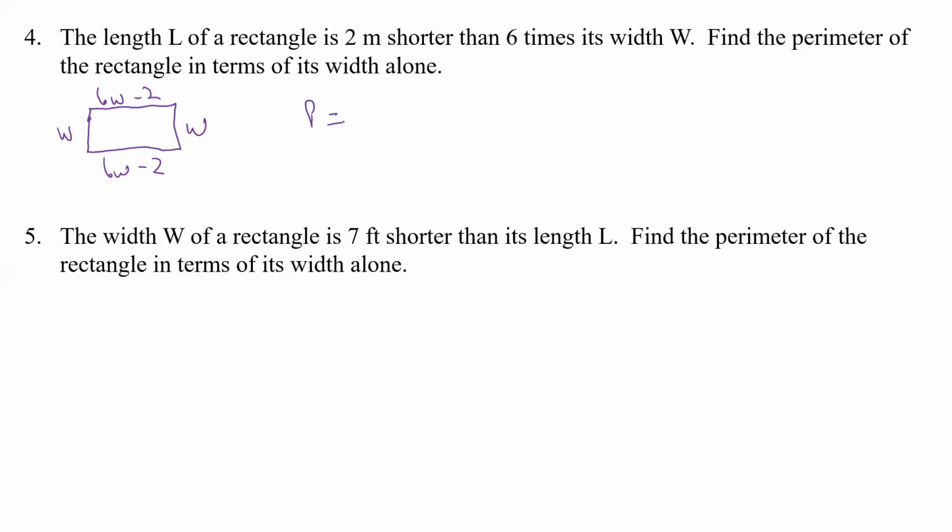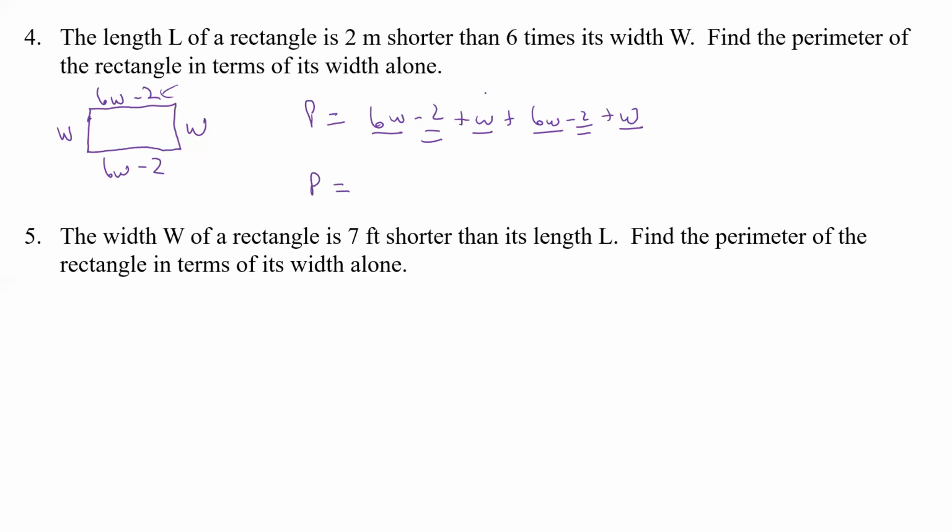And we want the perimeter. Well, let's start here. So we'll have 6W minus 2 plus W plus 6W minus 2 plus W. We have 1, 2, 3, 4 sides. And so now we have 6W plus W plus 6W plus W, and then minus 2 and minus 2. So what does that give us?